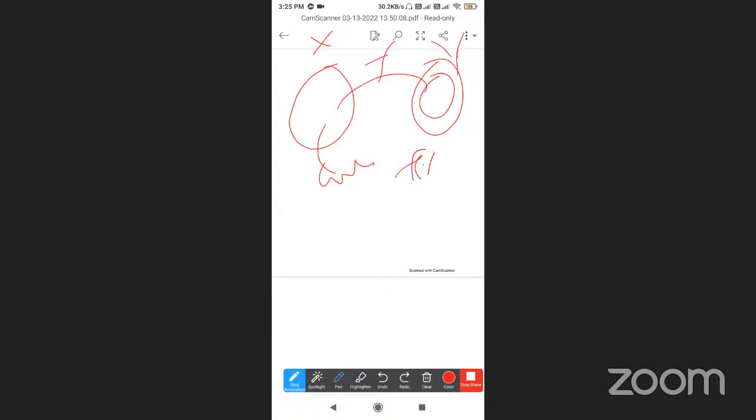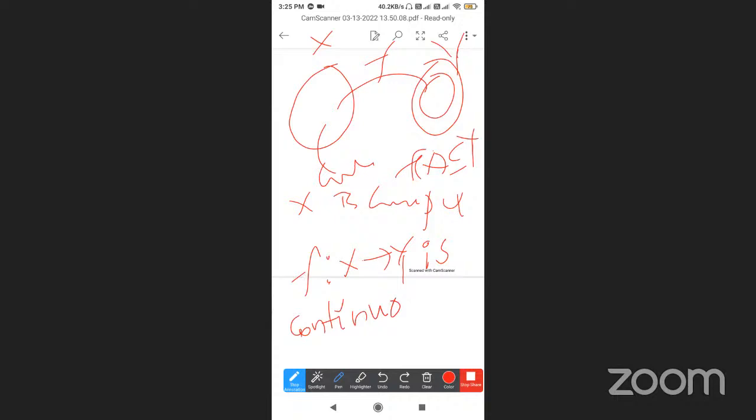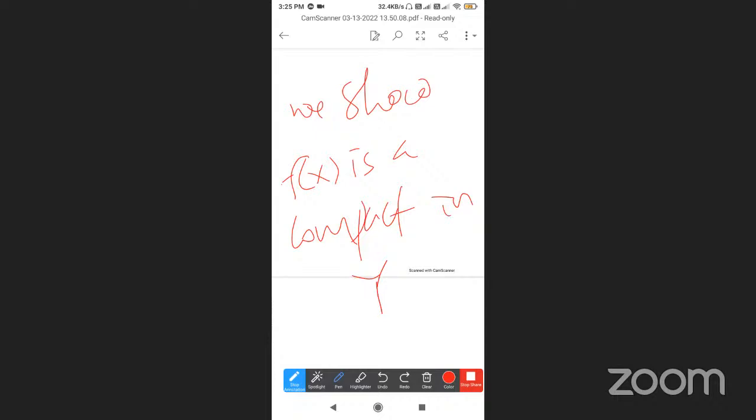The image f(X) is always a subset of Y. Since X is compact, and f is already continuous by the condition, we show that f(X) is compact in Y.